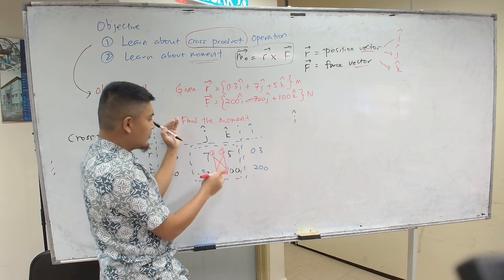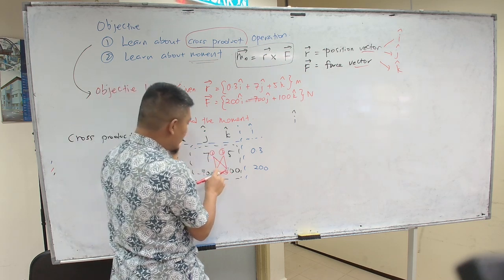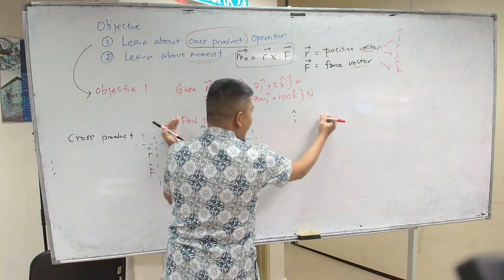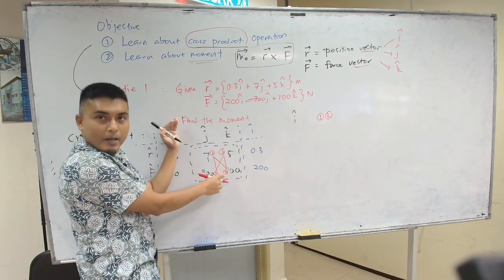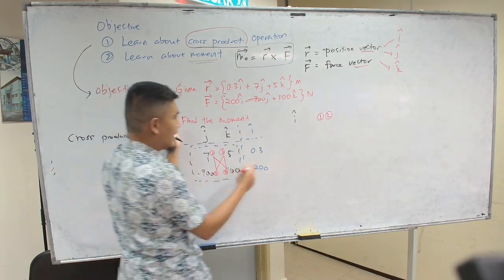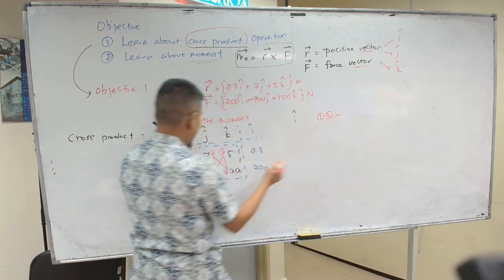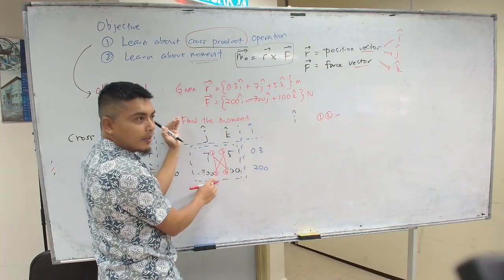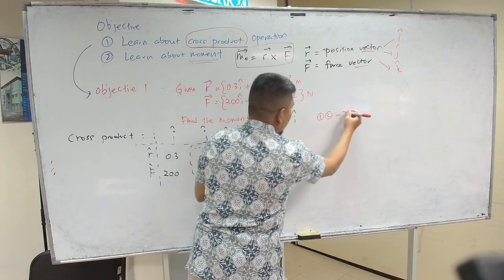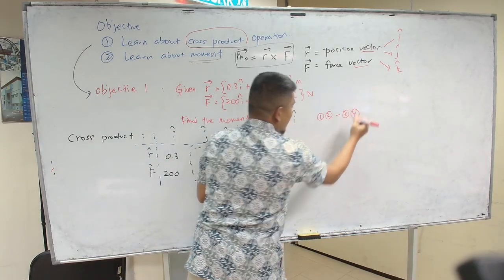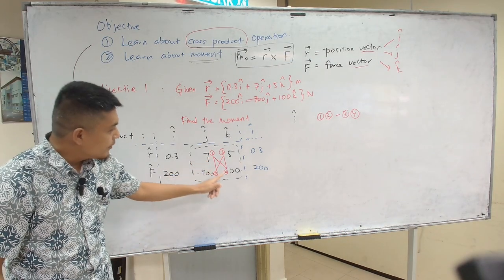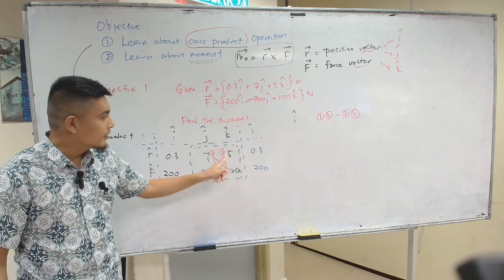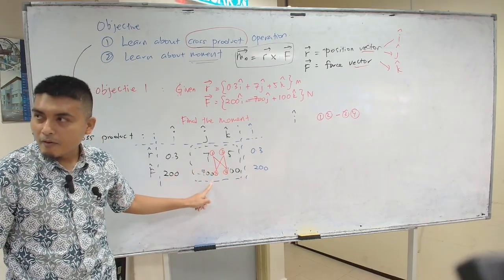You just use 1 multiplied with 2, and then minus 3 multiplied with 4.